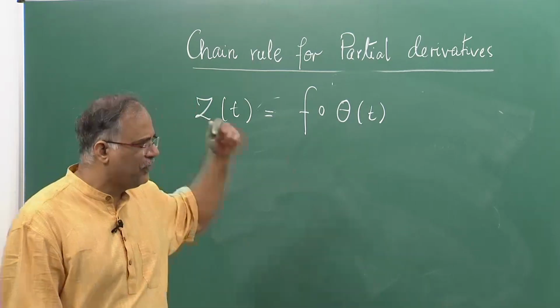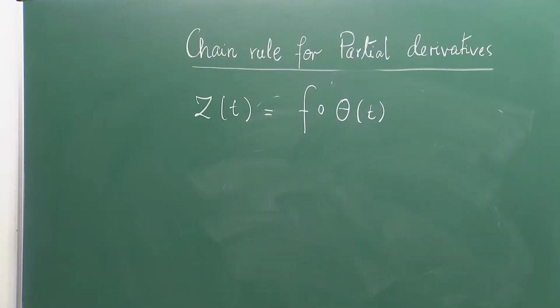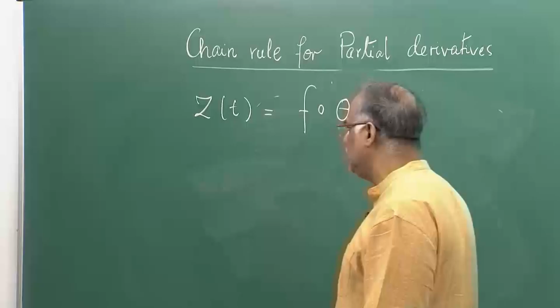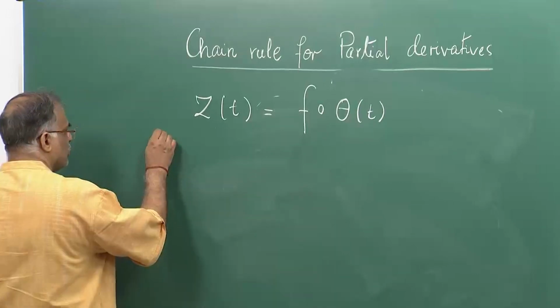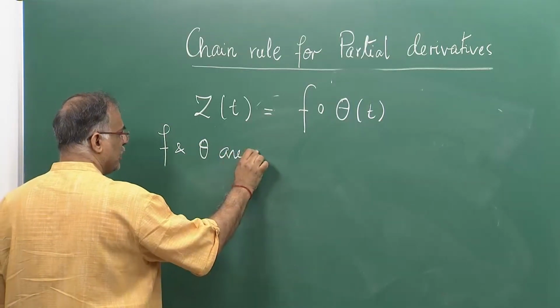Now, I have f and I am assuming that f is a differentiable function. So, it has the gradient as the derivative. So, let me assume that f and theta both are differentiable functions.